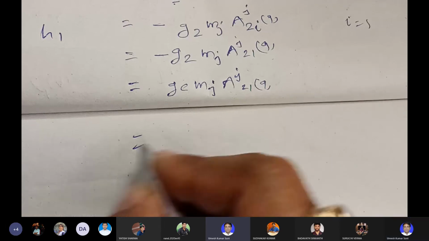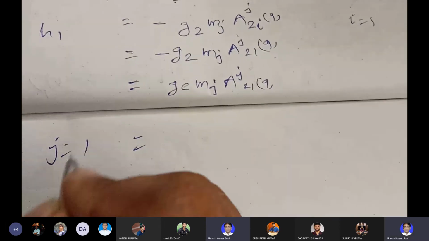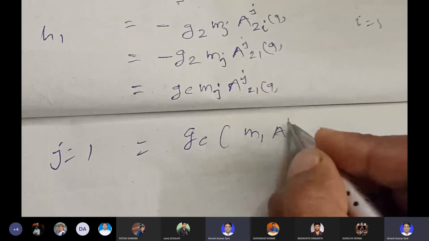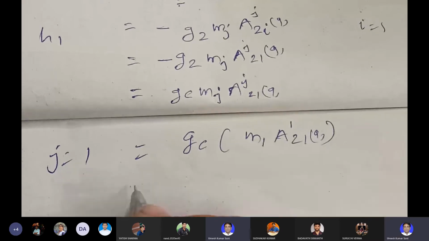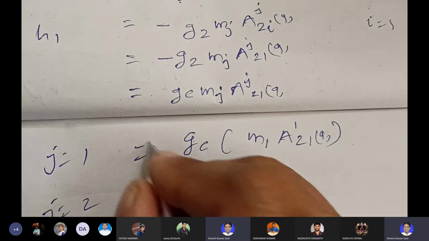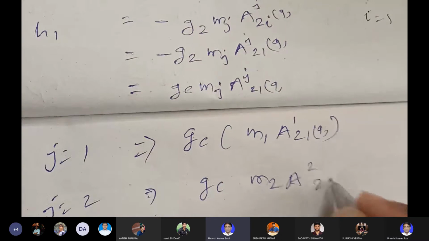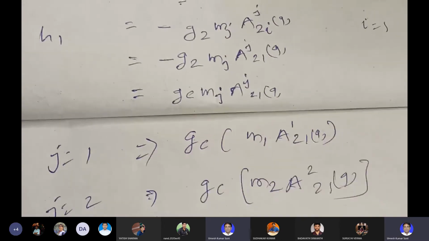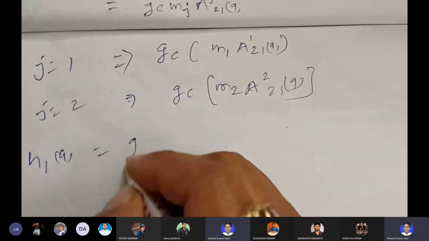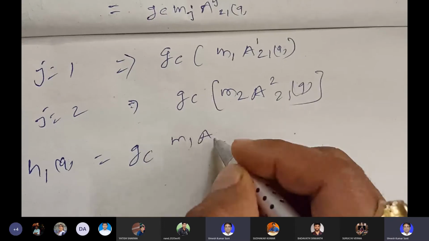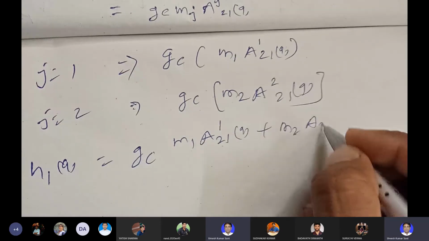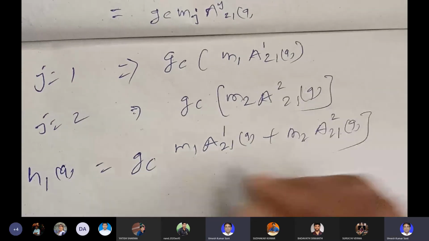Now you keep j equal to 1, then you will get GC into M1 A121 Q. Okay, and here j equal to 2, you will get GC M2, then total H1 cube equal to GC M1 A211 plus M2 A212 cube.